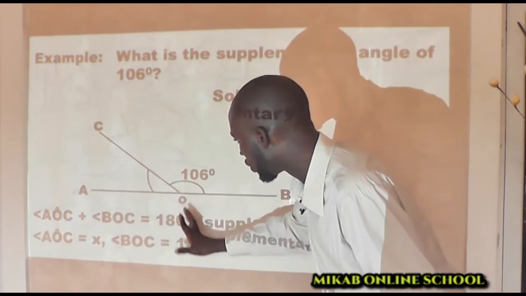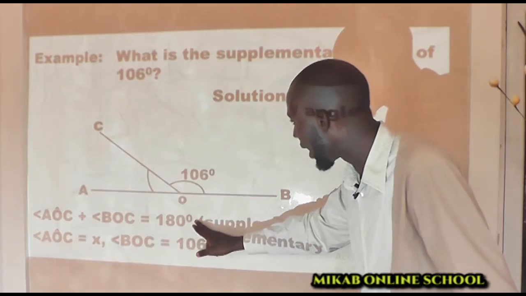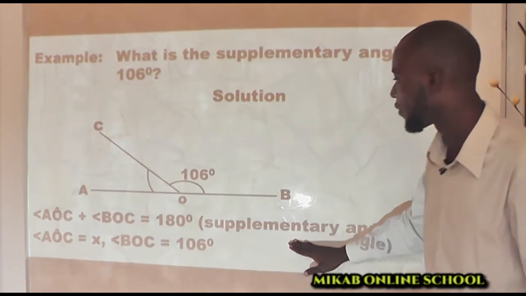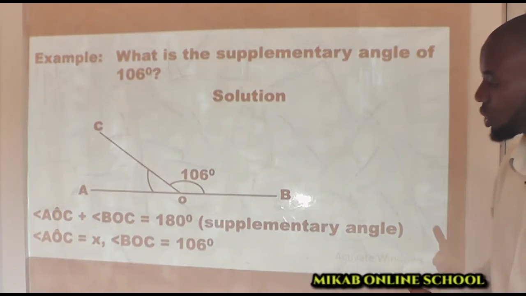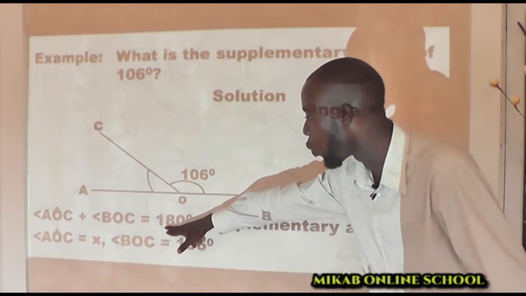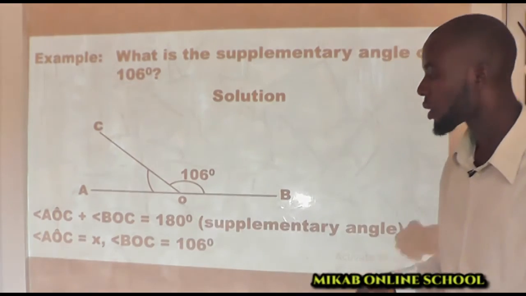The summation of the two will give us 180 degrees, and we refer to the two as supplementary because their summation gives us 180 degrees.